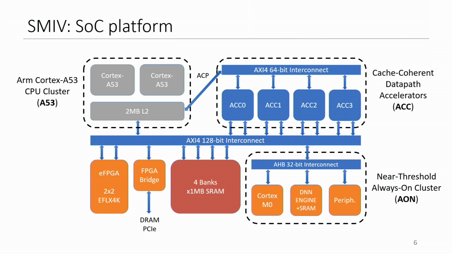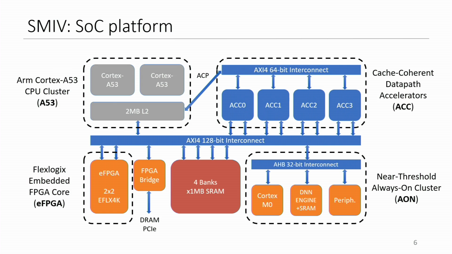Connected to the CPU cluster, we have cache-coherent datapath accelerators. We have 4 of these. These were designed using high-level synthesis methodologies, and these connect to the CPU cluster via the accelerator coherency port on the CPU. We also have an embedded FPGA core from Flex Logix.